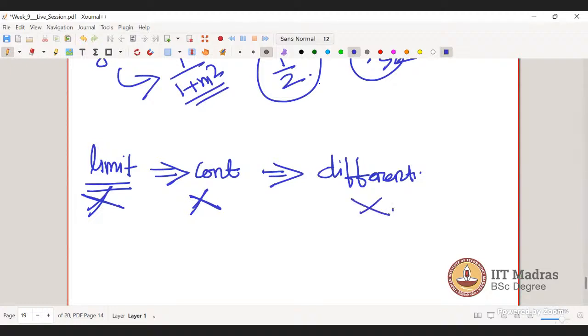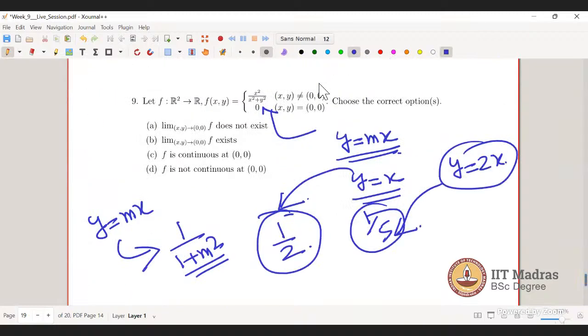Here there's a basic doubt: if the limit of a function exists as it approaches a point, can we straight away deduce that it is continuous at that point? No. To talk about continuity, first you have to make sure that the limit exists. The precondition is that the limit should exist. Then from the limit you reach continuity.